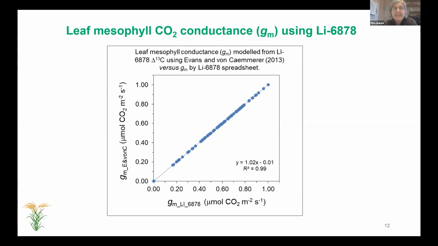The new tracer is providing values of the mesophyll CO2 conductance. This plot was just to test if the inputs for the model that we enter into our spreadsheet and the equipment were providing the same data.